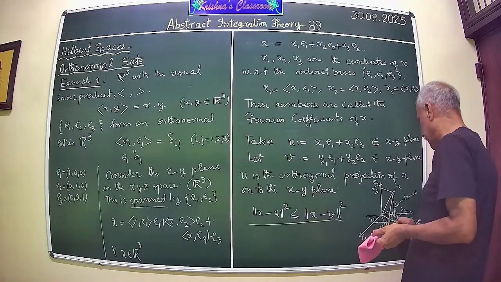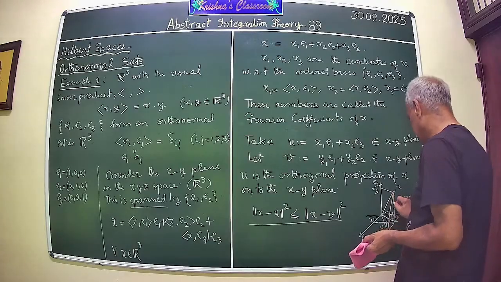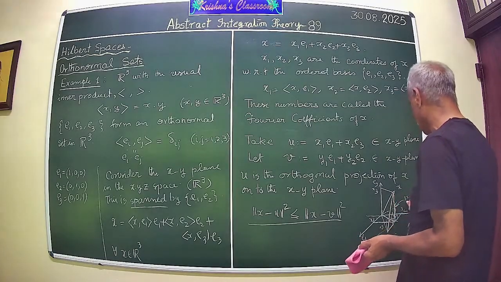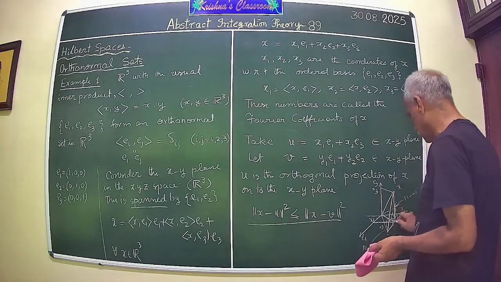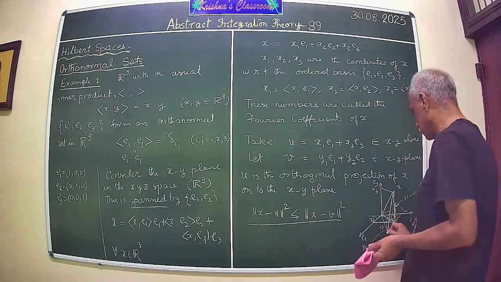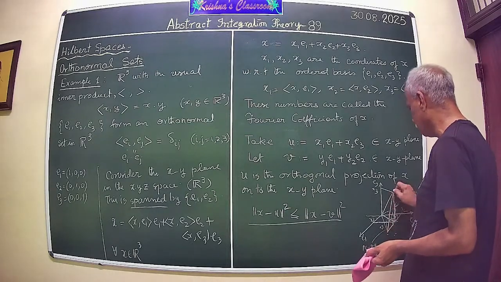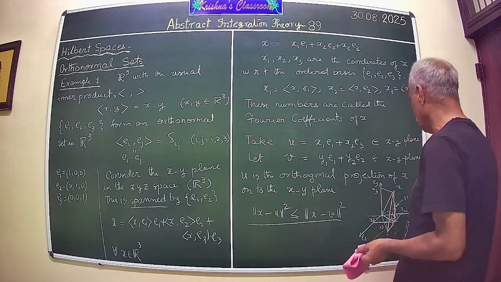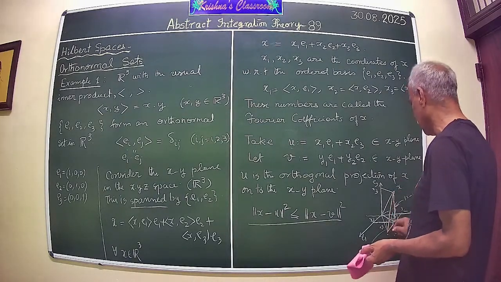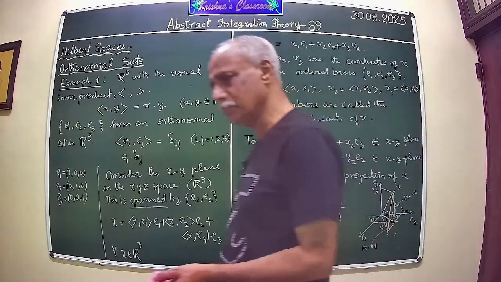So you get a sort of right angle triangle here, and then it is obvious that the norm of x minus u, that means the square of this height, plus the square of this distance, will give you the square of the length of x minus v. So that is simply Pythagoras theorem.